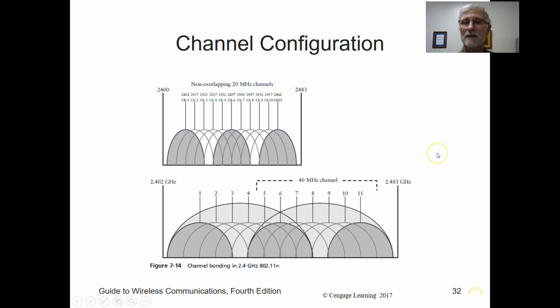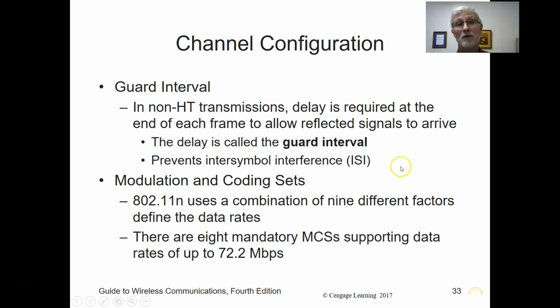Just to give you a rough idea what that looks like, you got non-overlapping 20s, but you could combine them and get an overlap of a 40. Now, you may see something called a guard interval. Basically that is a delay required between each frame to make sure that reflected signals arrive in time.